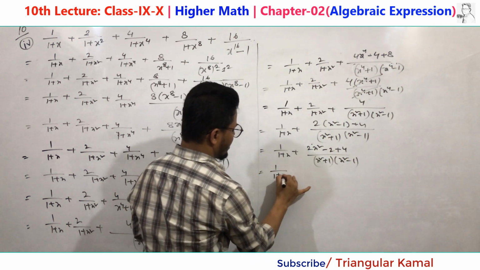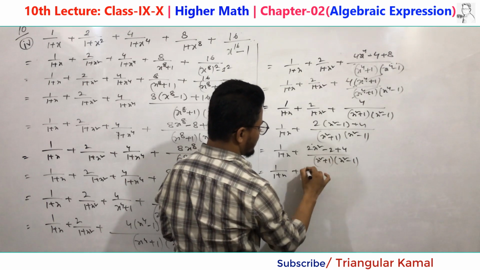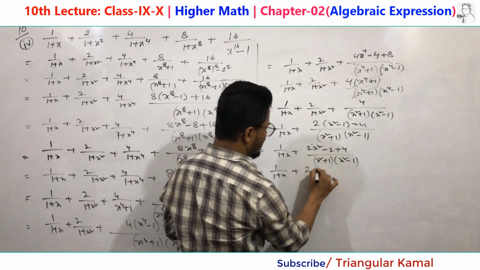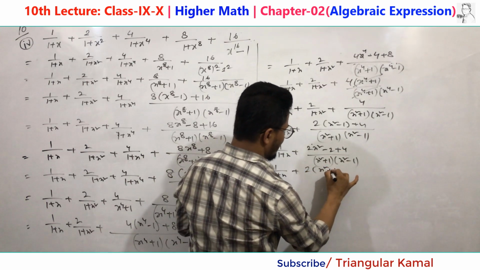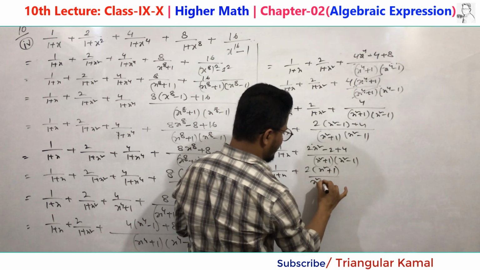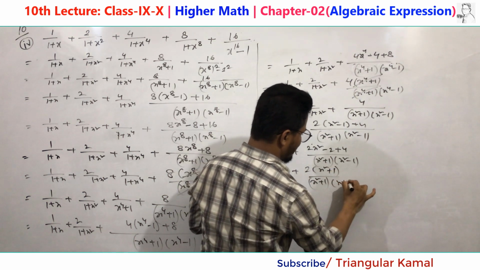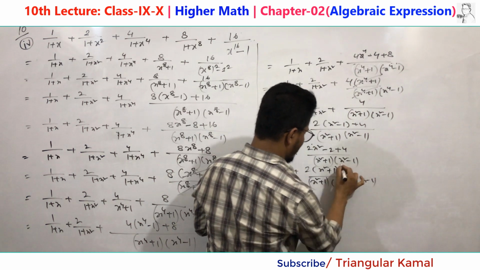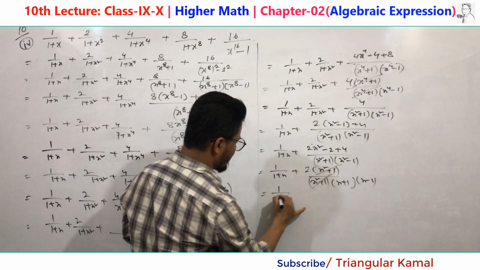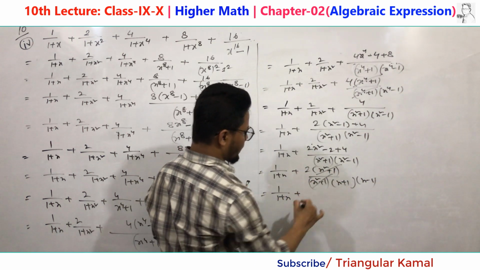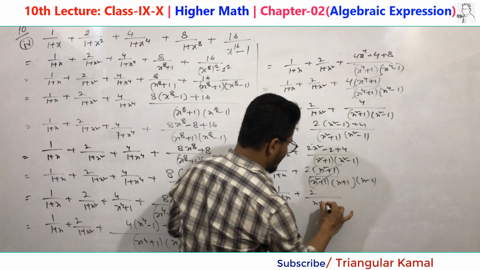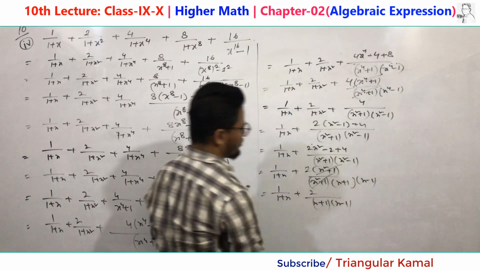Here will be 1 by 1 plus x plus, after doing the calculation, take 2 common, x square plus 1, divided by x square plus 1 and x plus 1 and x minus 1. Just eliminate the same one as in the previous line. So 2 divided by x plus 1 and x minus 1.